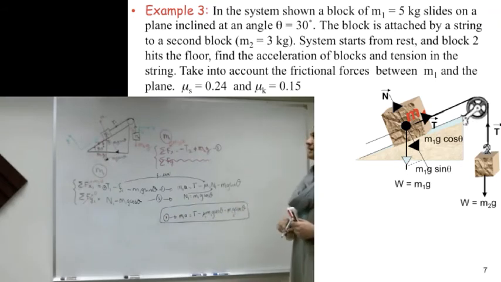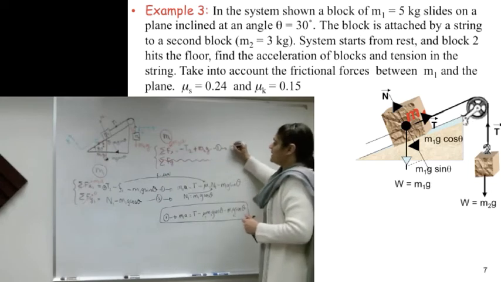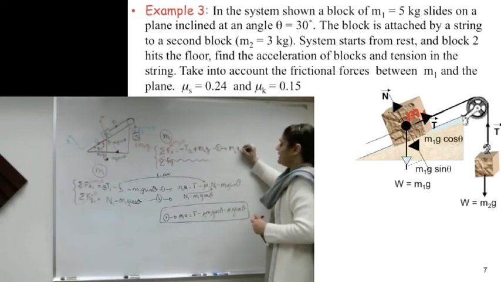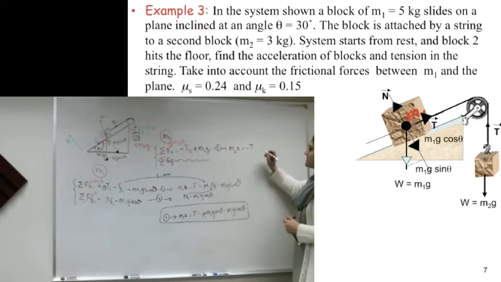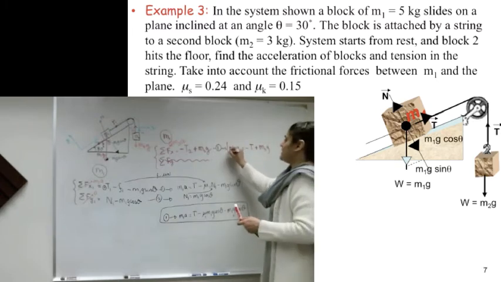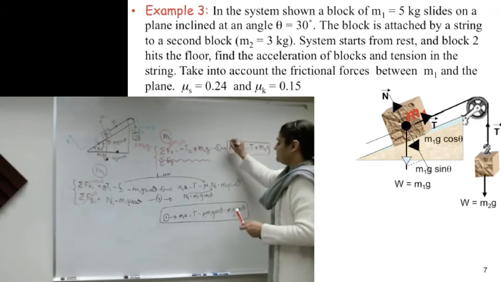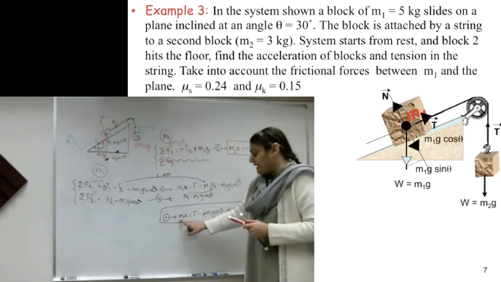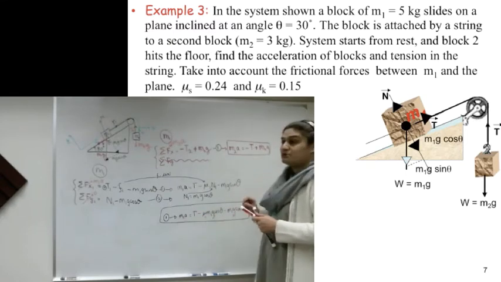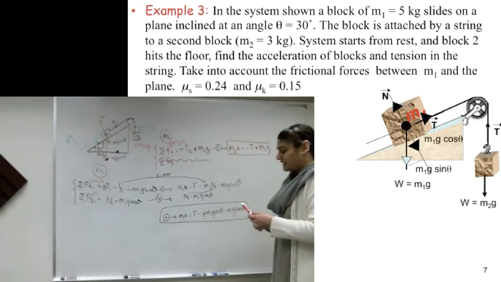Okay? Now, for this one, what will it become? Equation 3 can be rewritten as M2A equals minus T, again I'm going to drop the subscript, plus M2G. Okay. So now this is also a good equation to know. Now I have two equations and I have two unknowns. I can actually plug in the values of M1 and M2 here, which they've already given me.